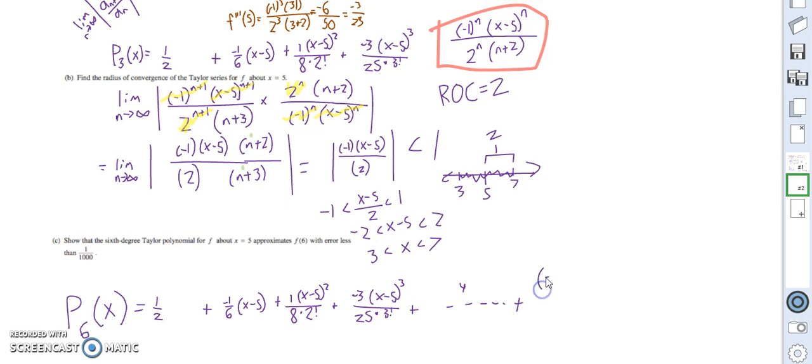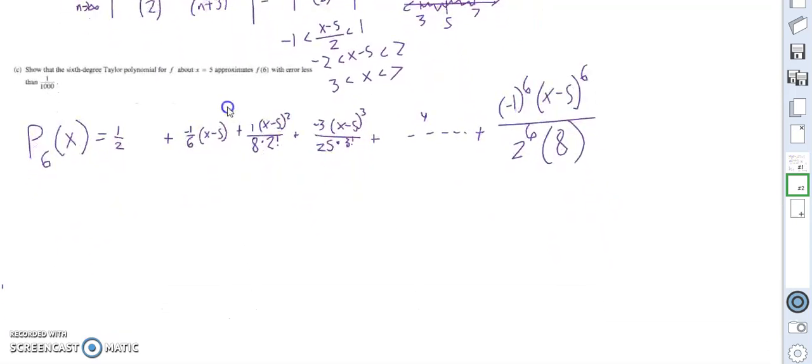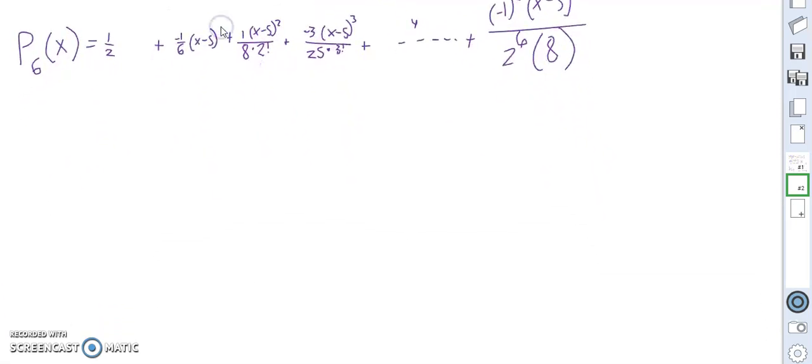It's going to look like -1 to the 6th power, x minus 5 to the 6th over 2 to the 6th, 6 plus 2, if I plug in 6 for n. That's going to be my 6th degree polynomial with things filling in the dots. But I put dots because it doesn't really matter. Even the 6th degree term doesn't really matter.